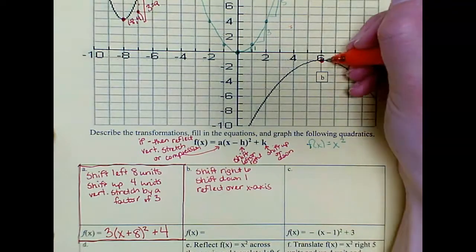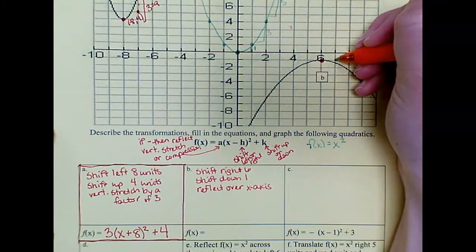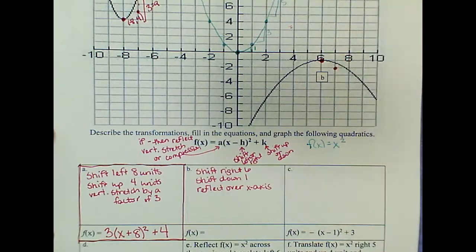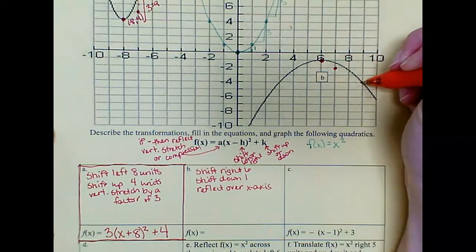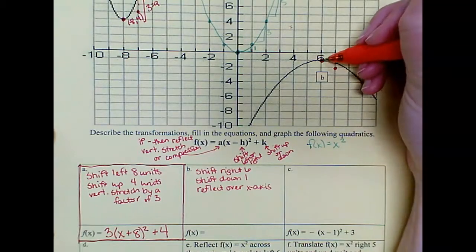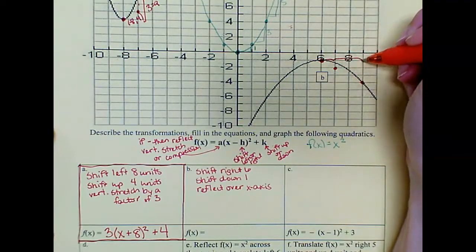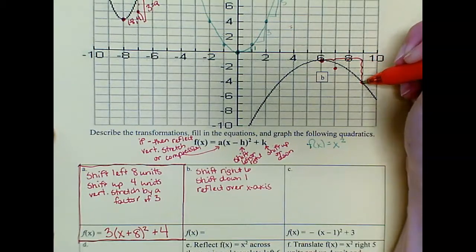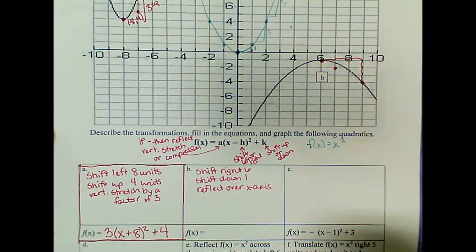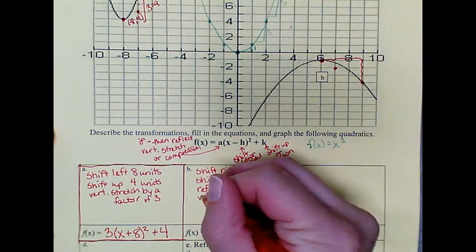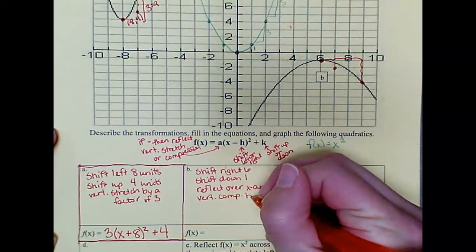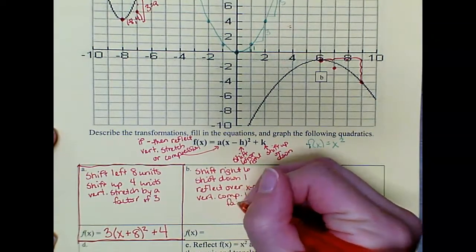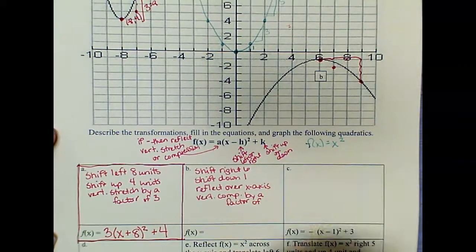And then let's check my a value. Whenever you go to the right one, if the parabola is opening down, you should be able to go down one, and that doesn't happen. In fact, we don't have a nice pretty point until right here. And I notice that the graph goes to the right 1, 2, 3, and down 1, 2, 3. So what that means is this graph has a vertical compression by a factor of, and because we're compressing, that means that we have a smaller number.